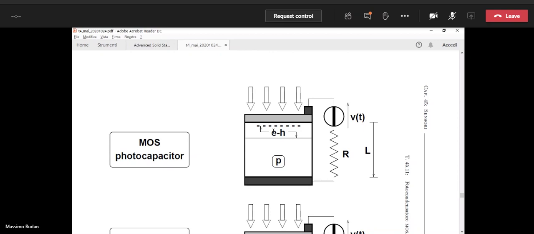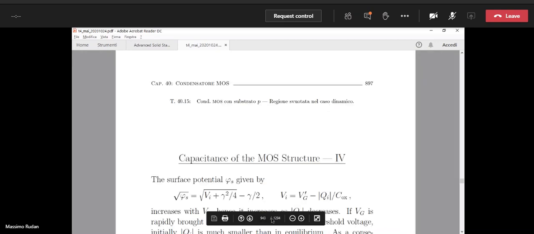Now, what are the typical relations that we can write down in the MOS capacitor in this case? We change the page. Here.